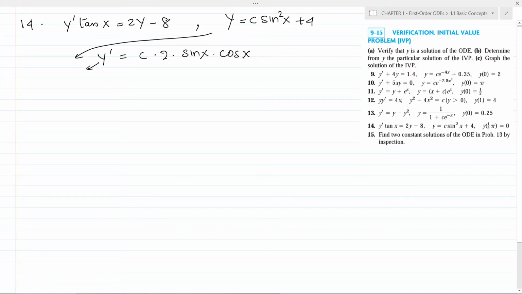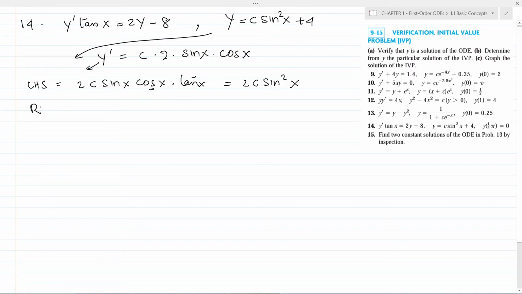We put this in the given differential equation and LHS comes to 2c sin x cos x multiplied by tan x. We know tan x equal to sin x by cos x and cos x from this numerator and the denominator of tan x cancels out, and this solves out to 2c sin square x.